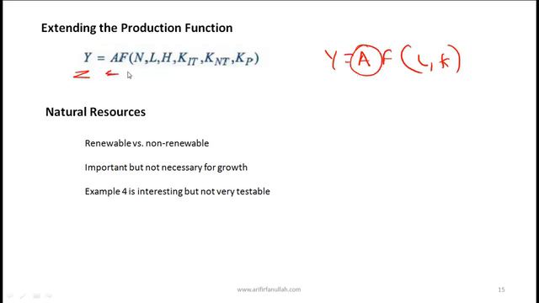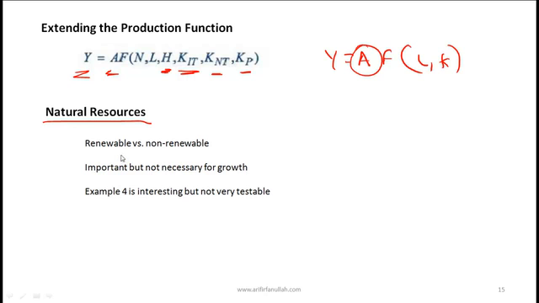And then we are saying that the output is a function of natural resources, labor, human capital, which we will talk about in a short while, capital, which is information technology capital, capital which is non-information technology related, such as machinery, and finally public infrastructure. So the point here is that we can make our production function as complex as we want to reflect the appropriate factors of production. So let's talk about natural resources now.